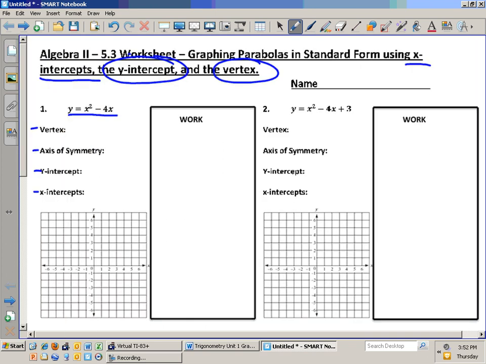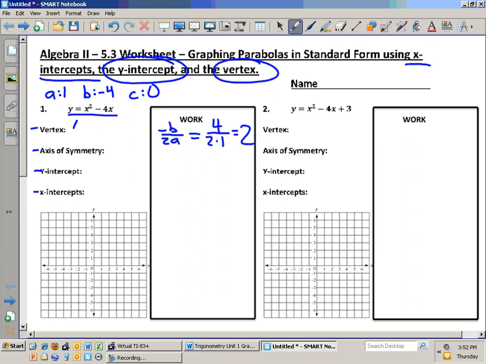So, the vertex we know is equal to negative b divided by 2a. Well, in this problem, a is equal to 1, b is equal to negative 4, and c is 0. So if I do negative b divided by 2a, I get a positive 4 divided by 2 times 1, which is 2.